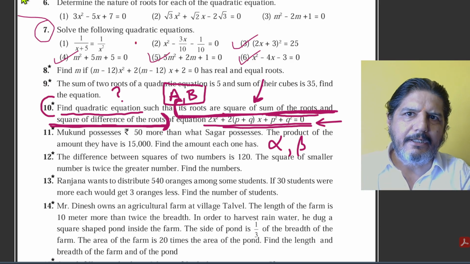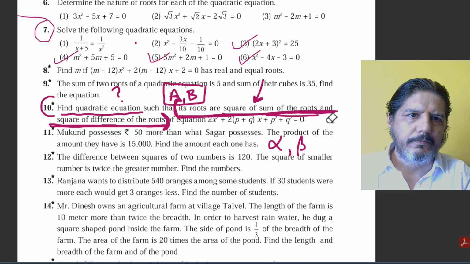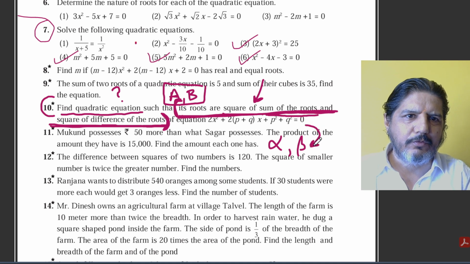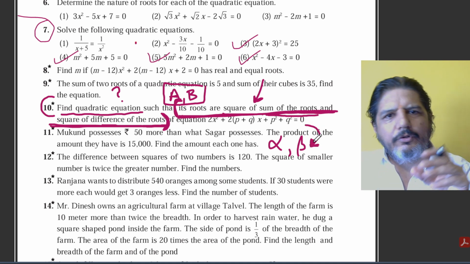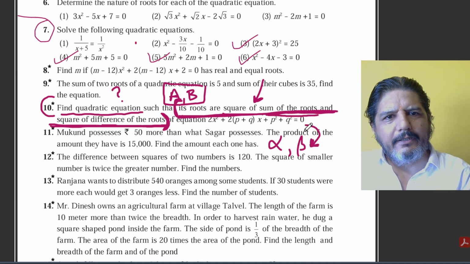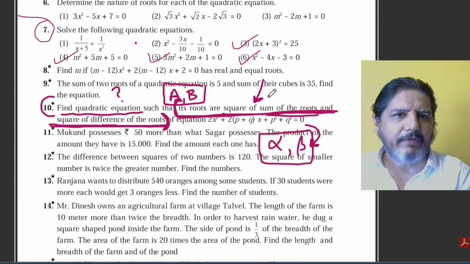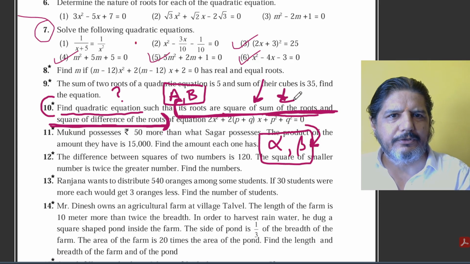I am not intentionally discussing this condition now, because otherwise the things will become very confusing. So right now I'll focus on finding the value of alpha plus beta and alpha into beta, and then finally once we have found this, we will come to this condition.